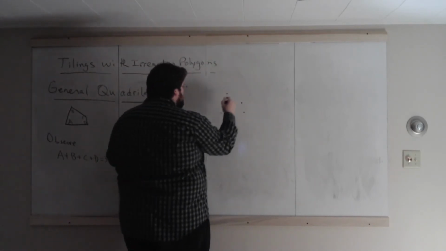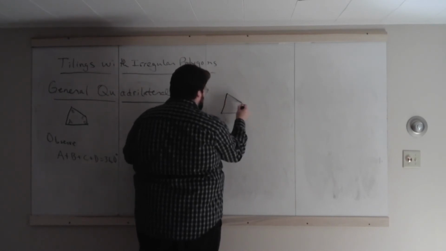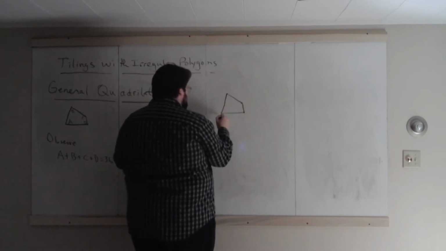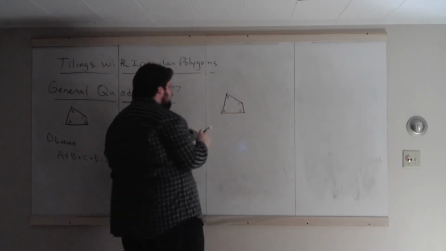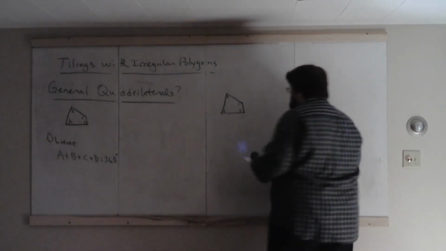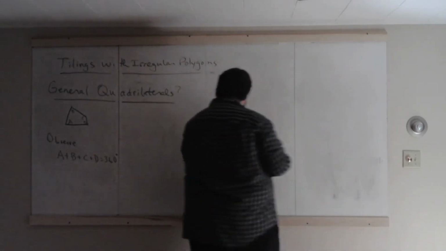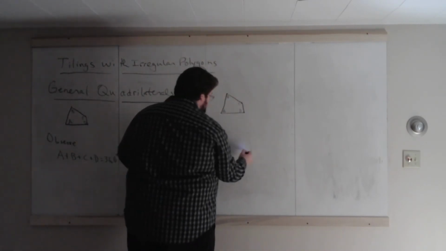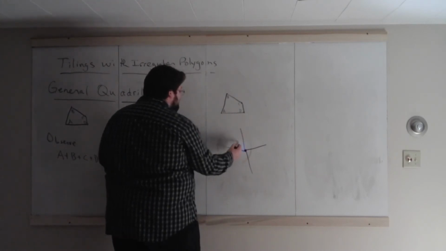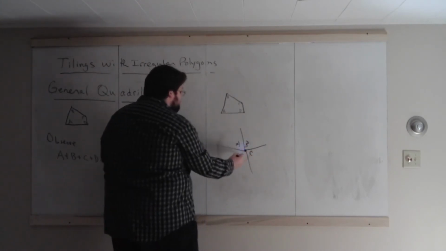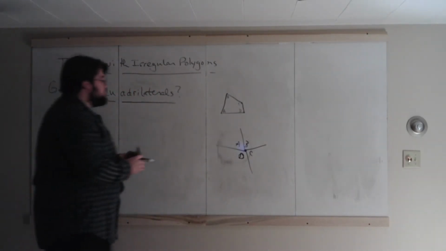So we'll start with this quadrilateral, and we'll label the angles A, B, C, D. Well, this side over here is CD. Our goal here is going to be, at a given vertex, to fill it in with angles A, B, C, and D, which we know add to 360.